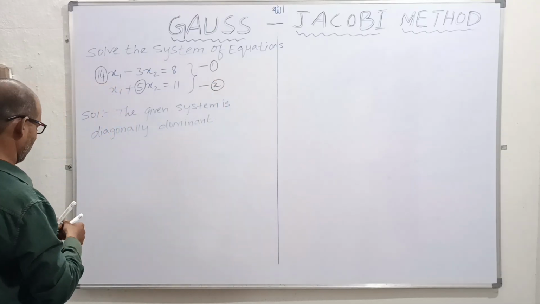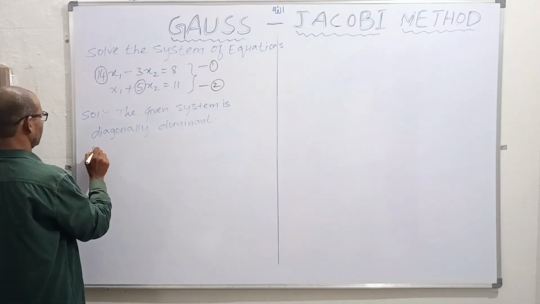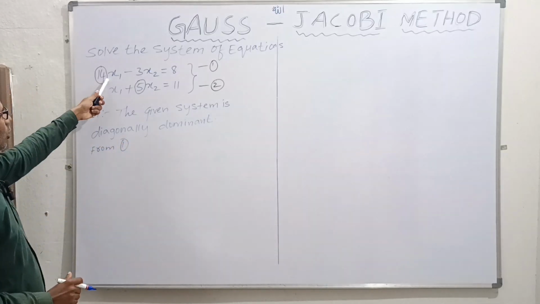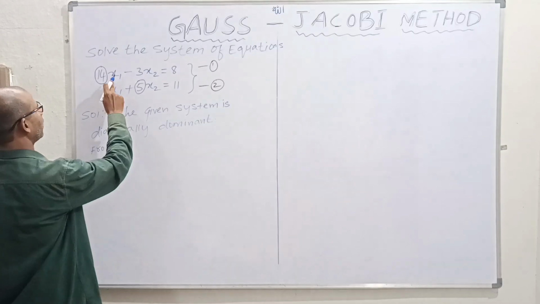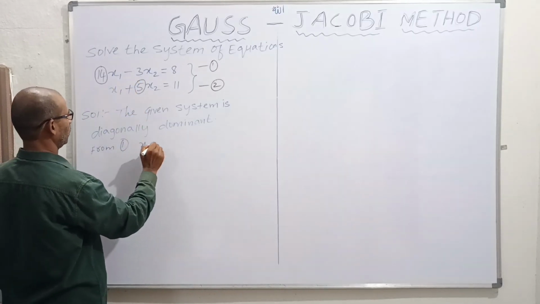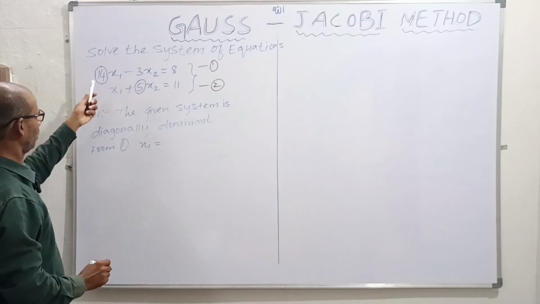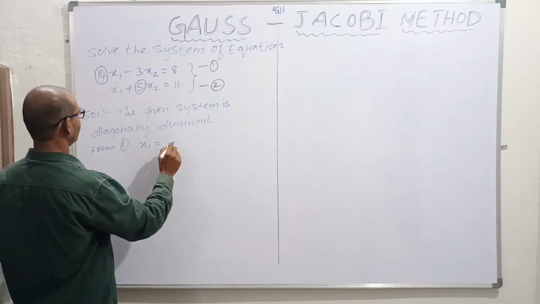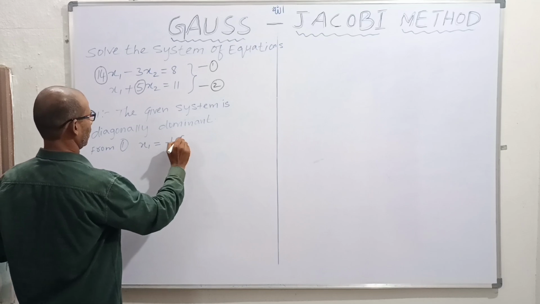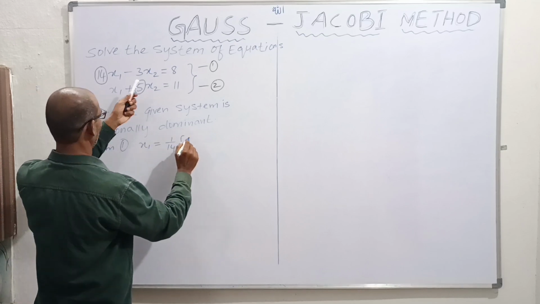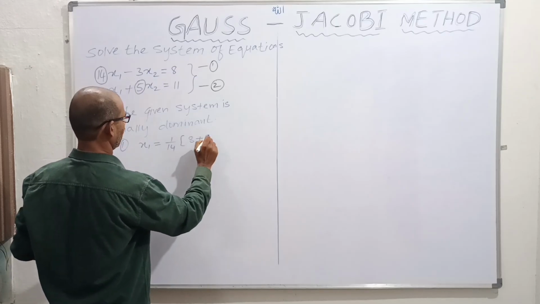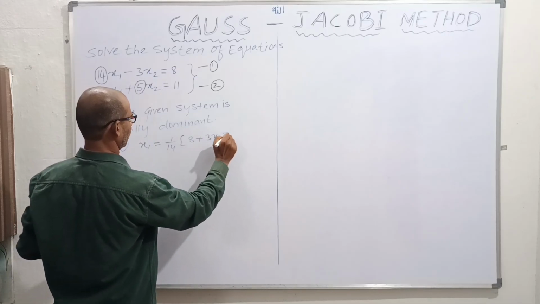From 1, let us find the value of x1. From 1, x1 is equal to 1 by 14 into 8 plus 3x2.